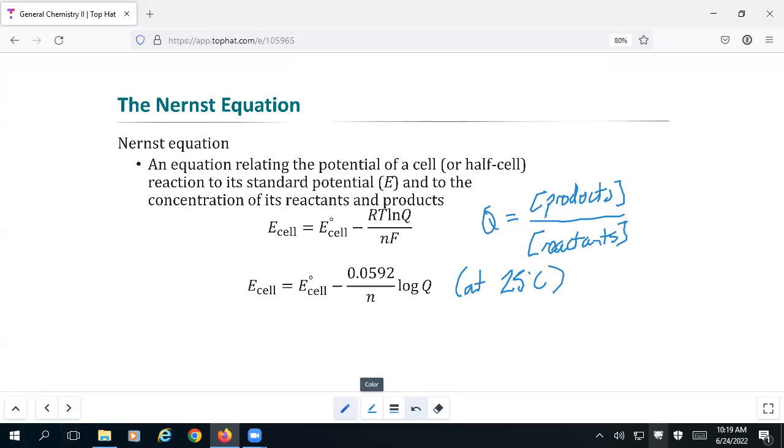Before better calculators existed, log base 10 was a heck of a lot easier to deal with than natural log. That's really the only explanation I can come up with for why the natural log gets turned into a log in this particular case. But that's what you have. And so the book offers this modified version of the Nernst equation, and you are certainly free to use it if we are at 25 Celsius. Now, if we're not at 25 Celsius, you have to use that top equation instead.